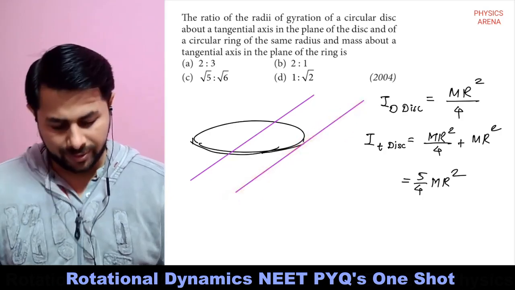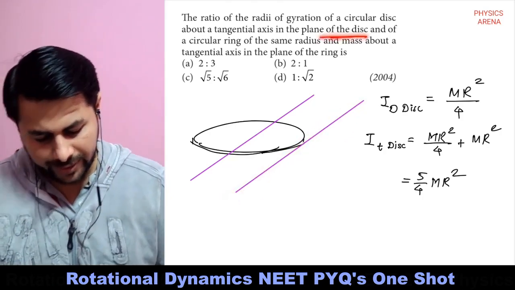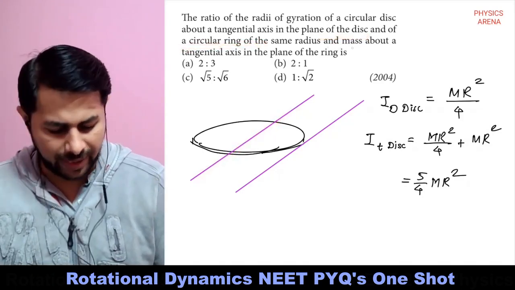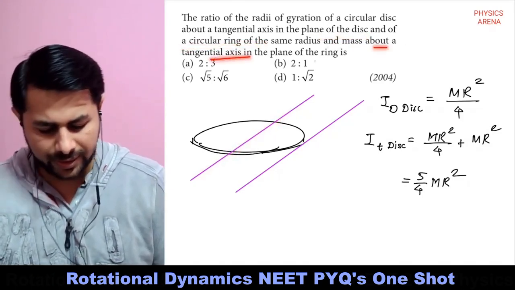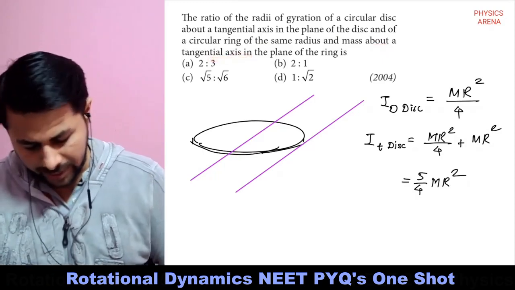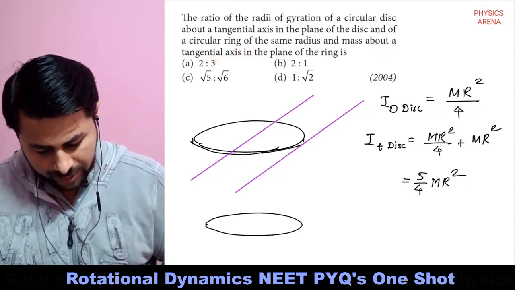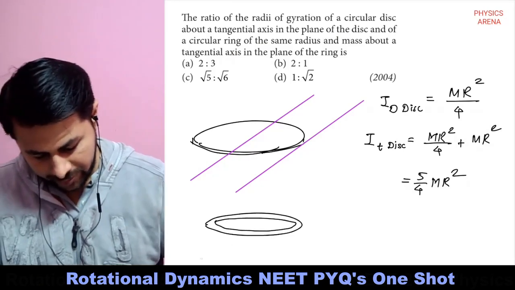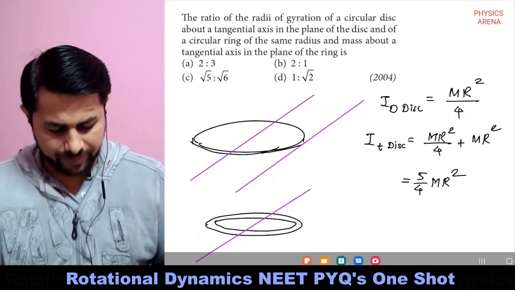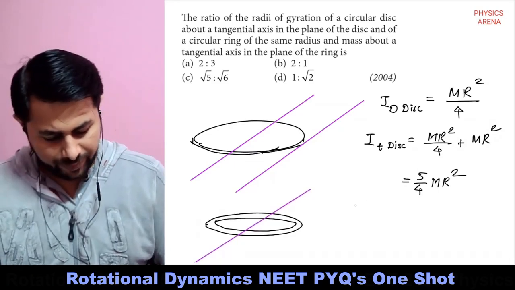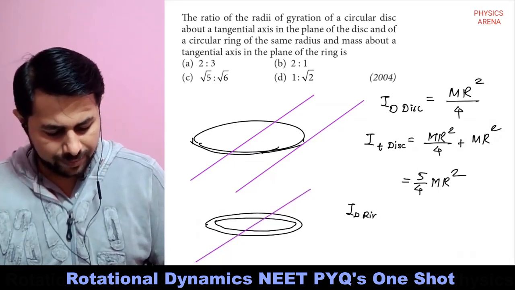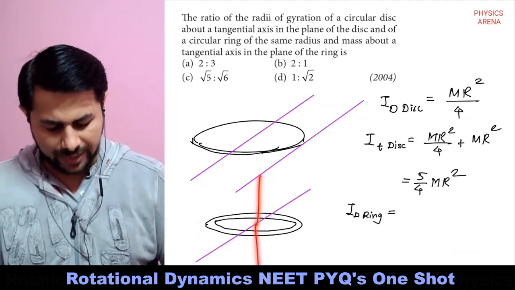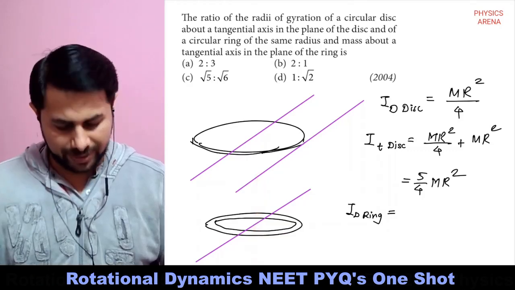So we found moment of inertia of a disk about a tangential axis which is in plane of a disk, and circular ring of same radius and mass about tangential axis in plane of the ring. So for a circular ring, that was disk, this is ring. So for a ring, we know this, Id for a ring, how much is that? About this axis, its moment of inertia is mr square.